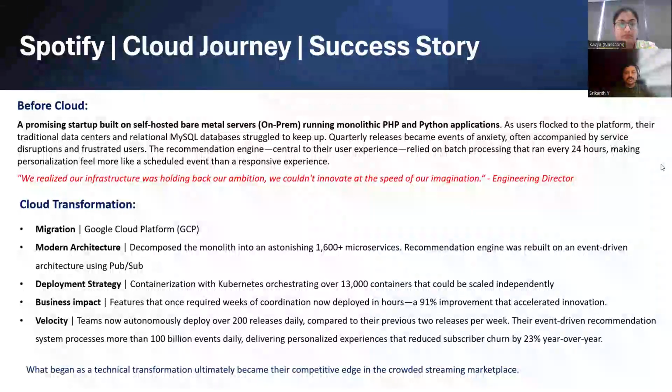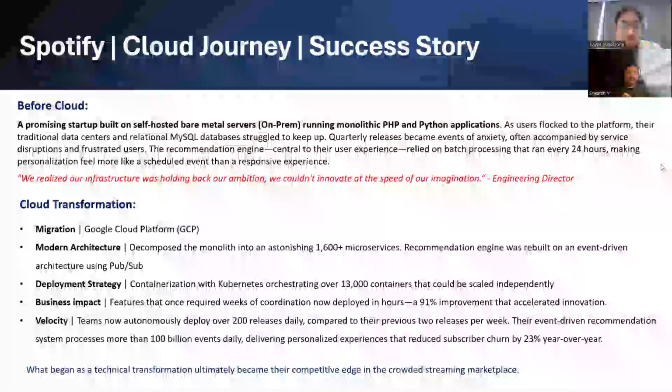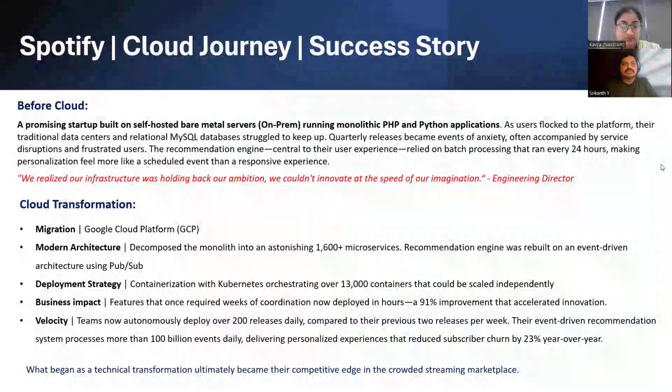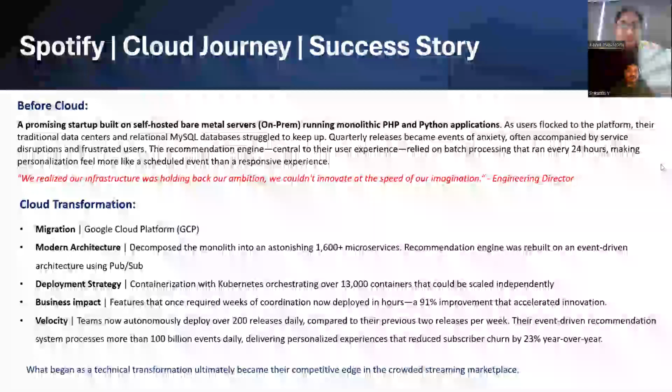The bounded context of each microservice will be determined by the respective teams, but they will try to keep to the basic principle that a microservice does one function. One thing. If it is responsible for payments, it does payment services alone. If one is for cart management, it does only cart management. Likewise, they have around 13,000 containers holding these 1,600 microservices, and they are all scalable services.